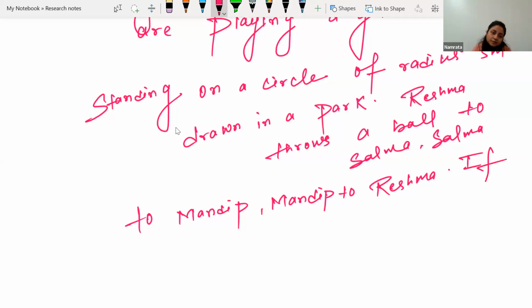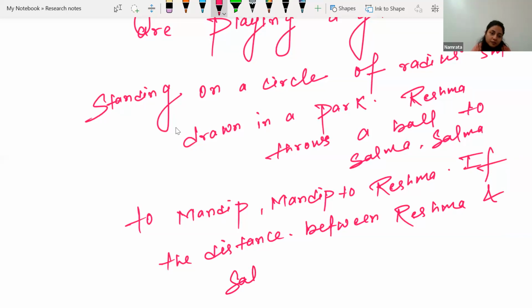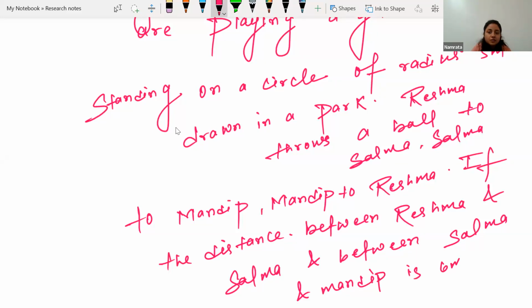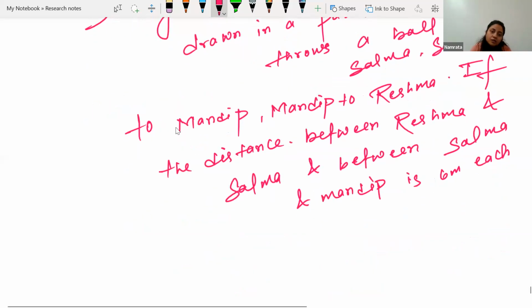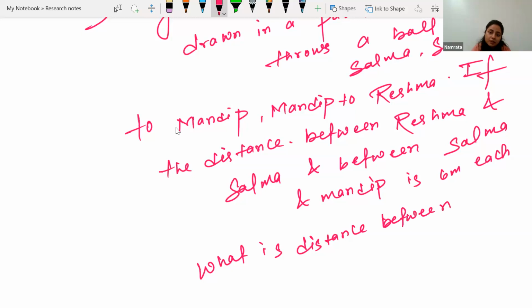If the distance between Reshma and Salma and between Salma and Mandeep is 6 meter each, what is the distance between Reshma and Mandeep?